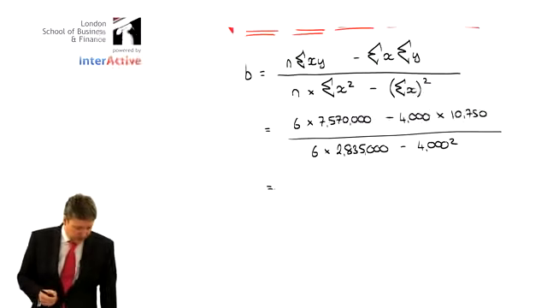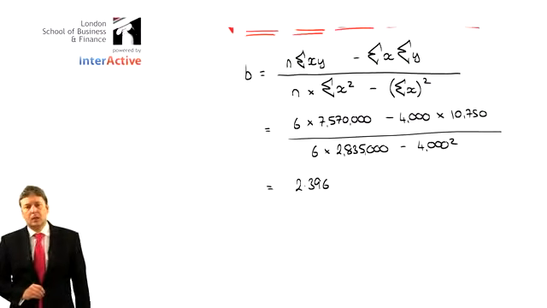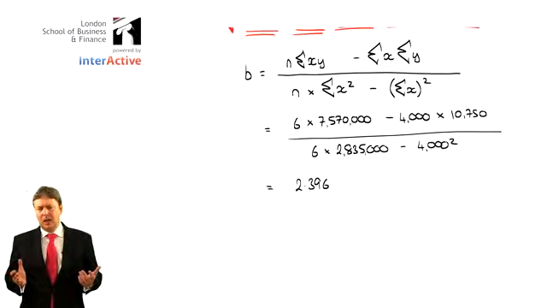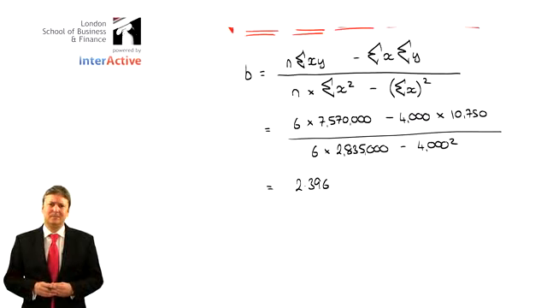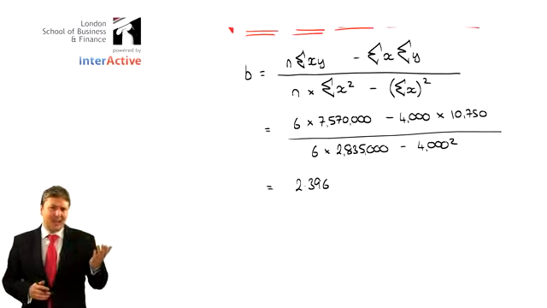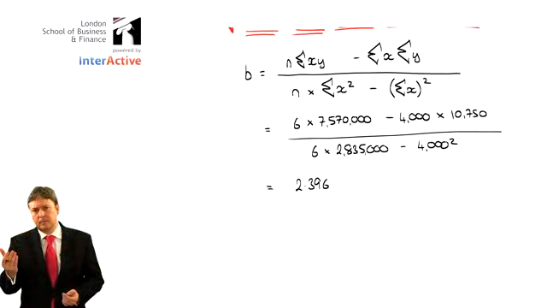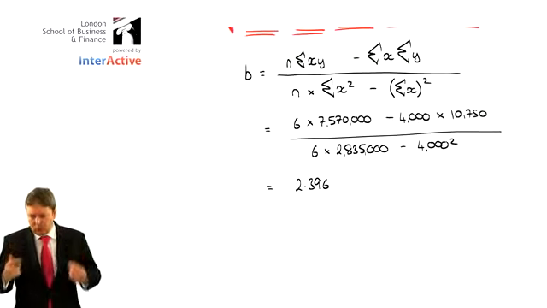So we pump the numbers in, and what we end up with is 2.396. So there's our value for B. What does that mean? Well, if you remember, we were looking at X in relation to Y, units in relation to cost. And B is the element that changes with each unit.